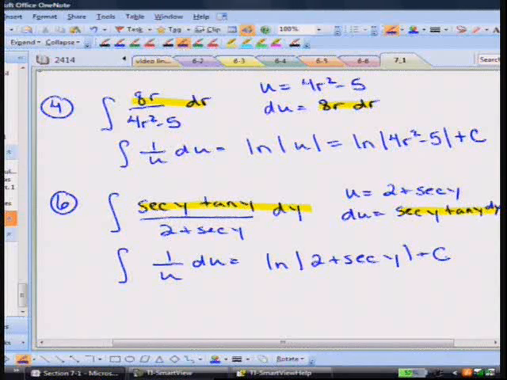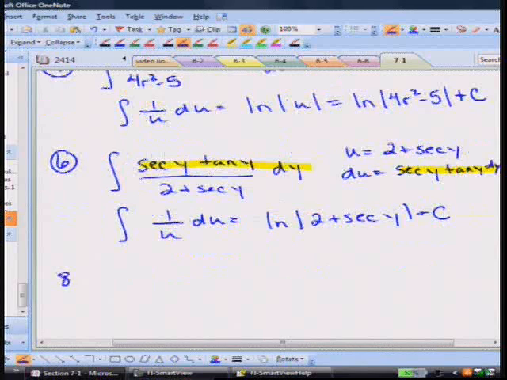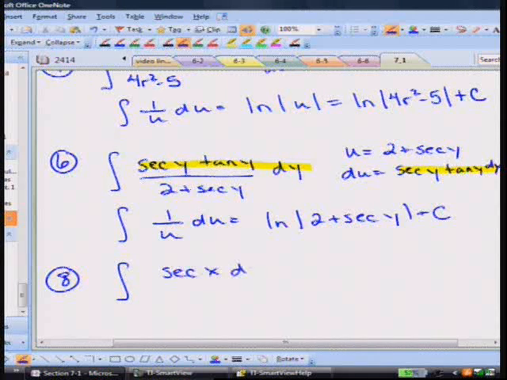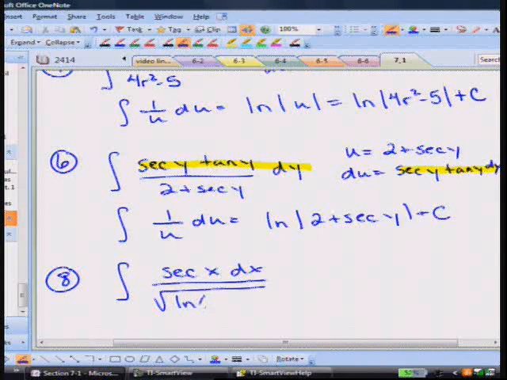Now we could look at number 8. It's the integral of secant x dx over the square root of the ln of secant x plus tangent x.